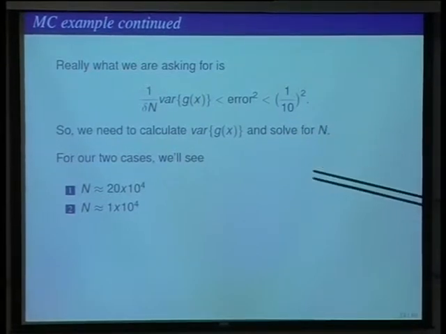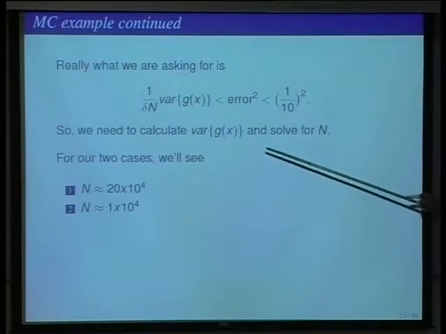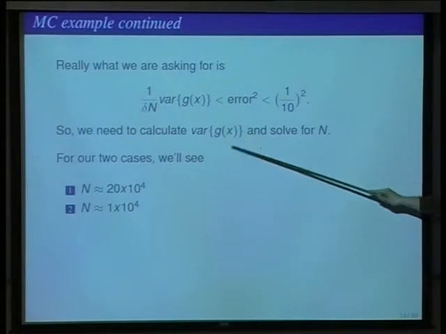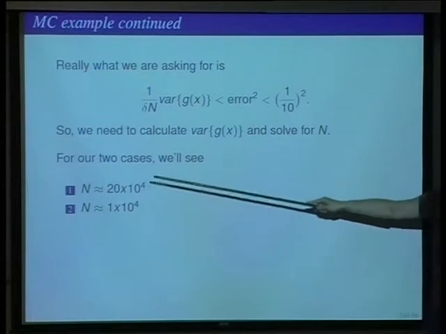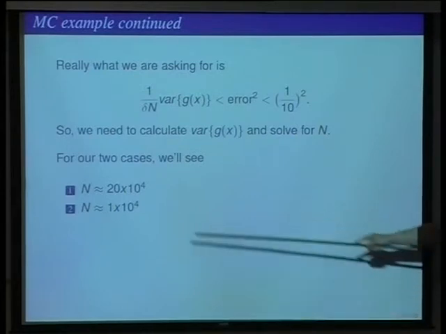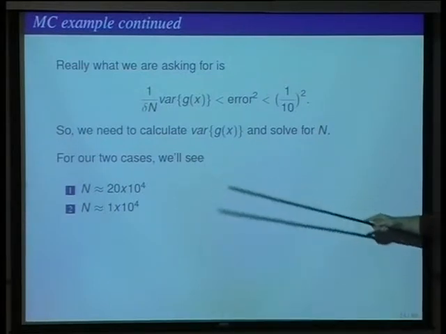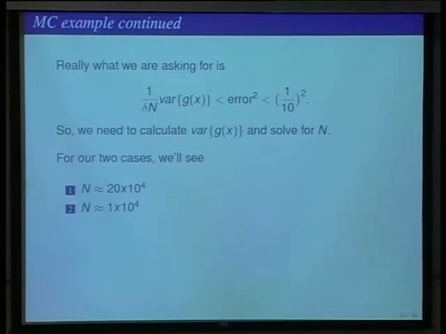For those two functions with their associated distributions, you can write down the integrals. They're not actually even that hard of integrals. They're polynomials in this case. You can write down the integrals to calculate the variance of g in each case. If you do that, I took off any digits past the first, but you get about 20 times 10 to the fourth in the first case, and 1 times 10 to the fourth in the second case. So uniform was 20 times 10 to the fourth. That quadratic distribution is 1 times 10 to the fourth.